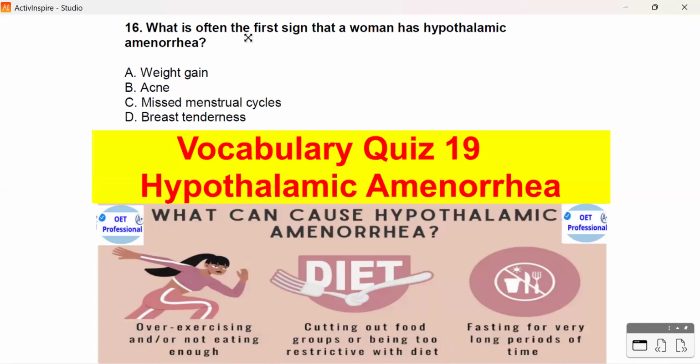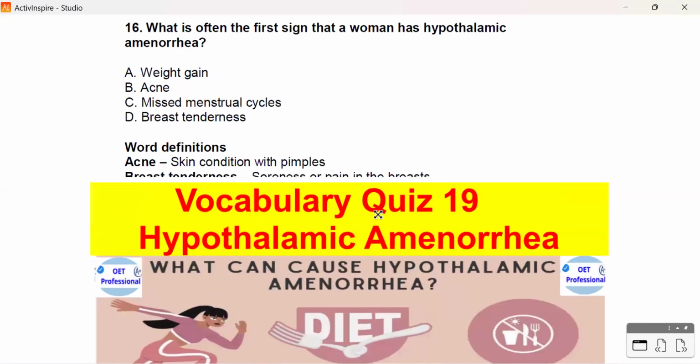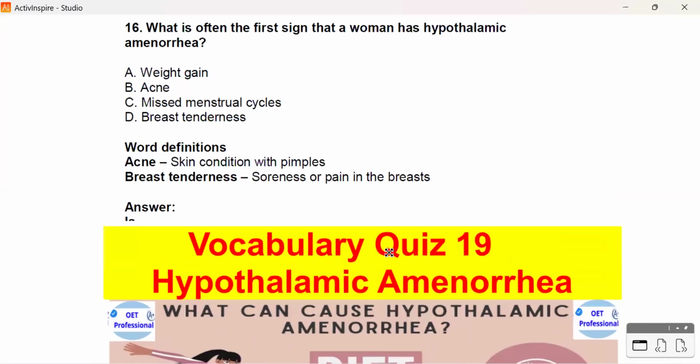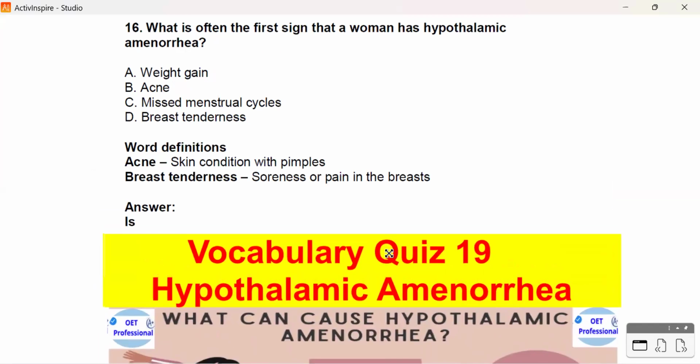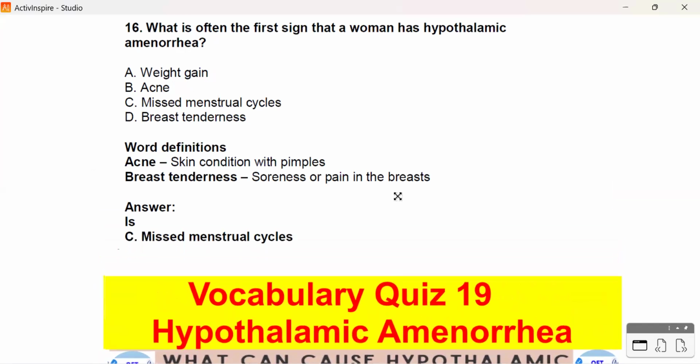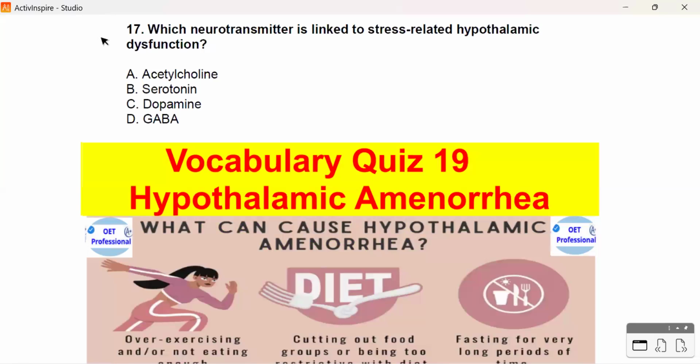What is often the first sign that a woman has hypothalamic amenorrhea? Weight gain, acne, missed menstrual cycles, breast tenderness. The correct answer is missed menstrual cycles. Which neurotransmitter is linked to stress-related hypothalamic dysfunction?